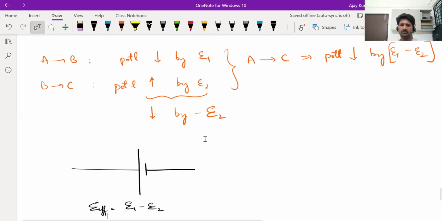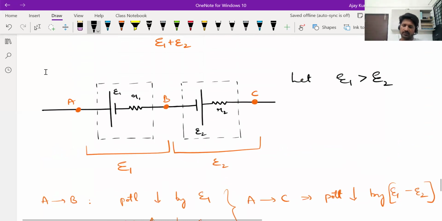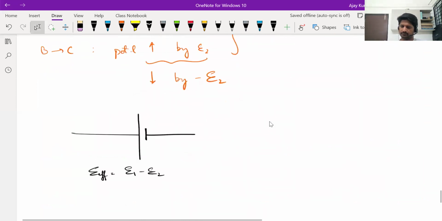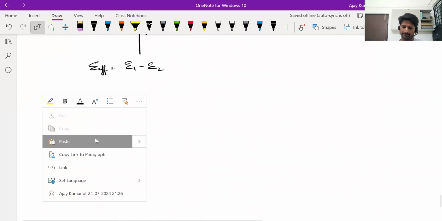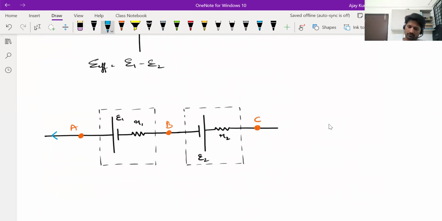We still have to find out the effective internal resistance. Let us now assume some current flows through this combination. Let's say current flows to the left. Now, for the first cell that is between A and B, this is normal flow of current. So here the potential difference will be E1 minus IR1.